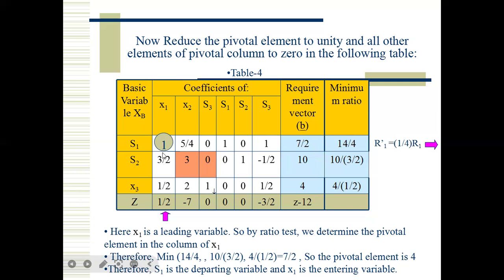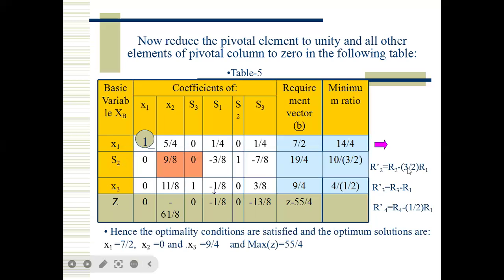Row 3 minus 3 by 2 into row 1, we get 0, and row 3 minus half row 1, we get this 0. Similarly we get row 4. Reducing in this way, we get the pivotal element as unity and the rest of the pivotal column as 0.